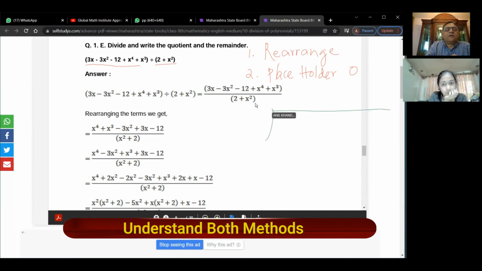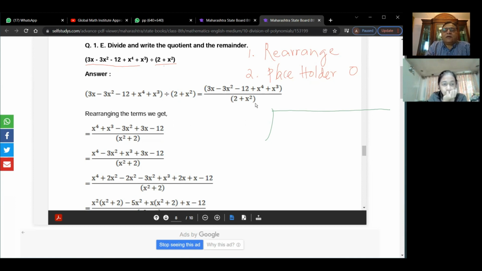So we have the divisor, which is 2 plus x squared, right? If I rearrange, I have an x missing. So I should write this as x squared plus, there is no x, so I'll write 0x, and then plus 2. After x squared, we should have got something with x and then a constant.